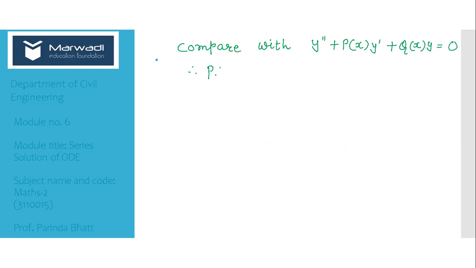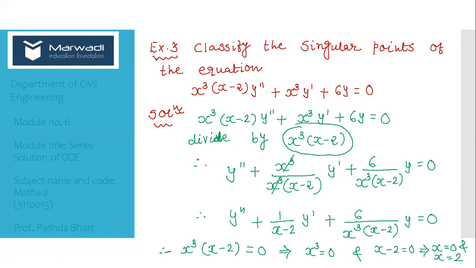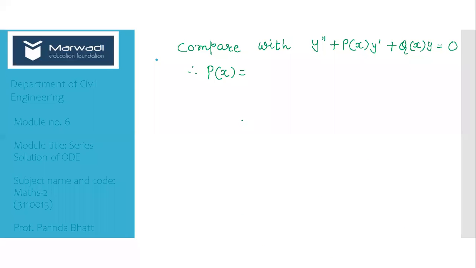Therefore, we are getting p of x equal to 1 upon x minus 2, and q of x equal to 6 by x cube (x minus 2).